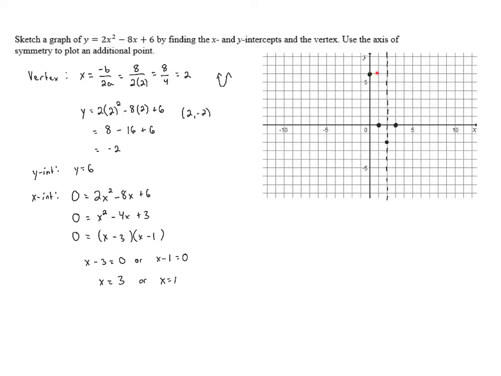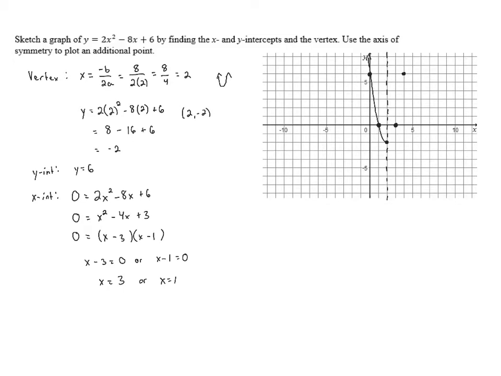This point is 2 units to the left of the axis of symmetry. And because it's the axis of symmetry, we know that there's going to have to be another point 2 units to the right. And so we can plot another point there. And that's just going to help us make sure that we're drawing a very accurate graph.